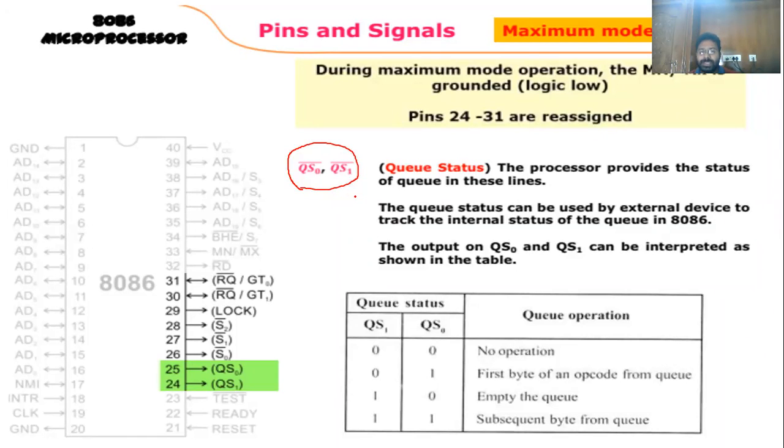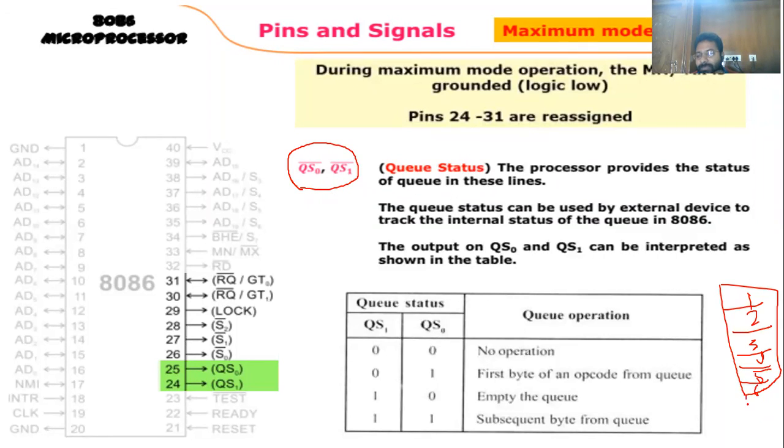And queuing status is nothing but the microprocessor executing the programs one by one: first instruction, second instruction, third instruction, fourth instruction, fifth instruction, sixth instruction, and so on.